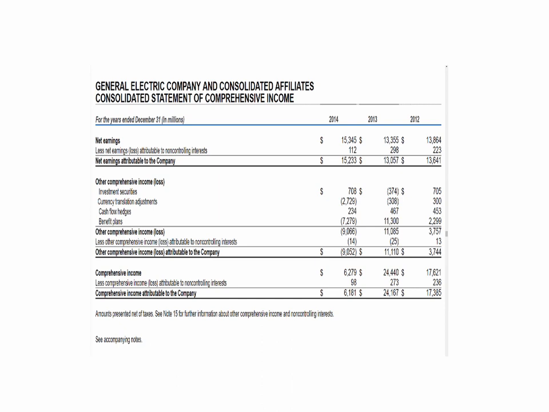And so finally, the comprehensive income is the sum of the regular income plus or minus the other comprehensive income. So $6.279 billion between their regular earnings and their other comprehensive earnings. Of that 6.279 billion, 98 million accrues to the non-controlling shareholders, leaving 6,181 million for the controlling shareholders.